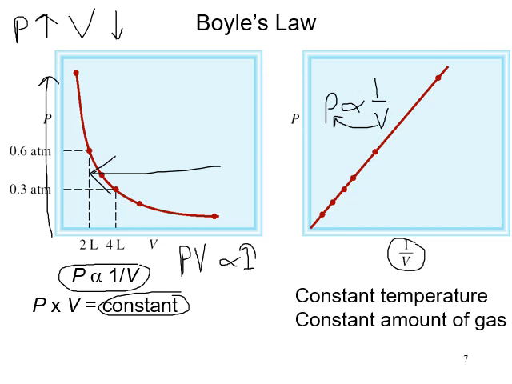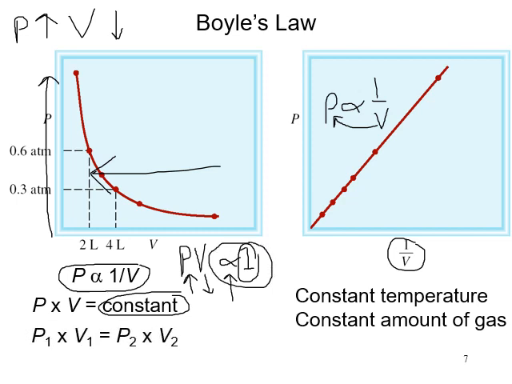But what this also means is that when volume and pressure are altered, one has to accommodate the other. So if I increase pressure, then this volume will decrease to keep this part of the equation true.